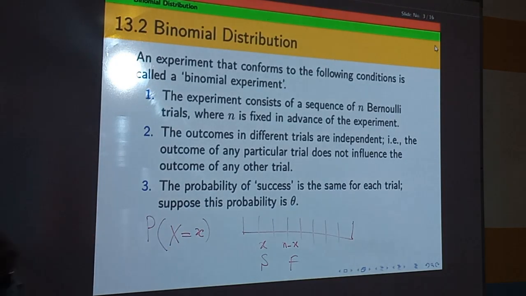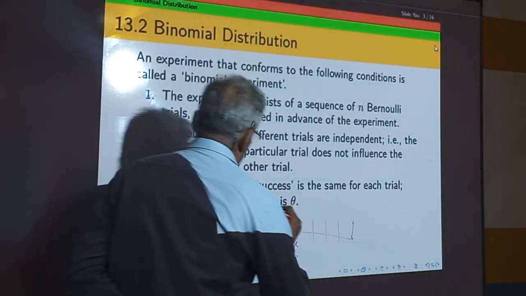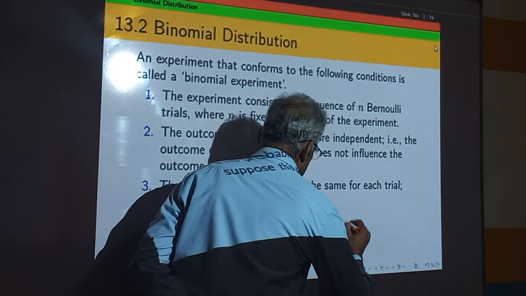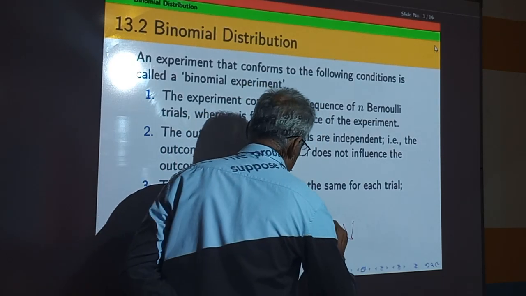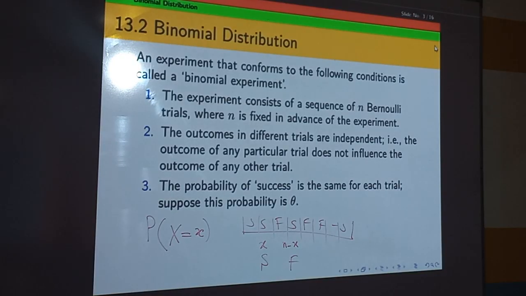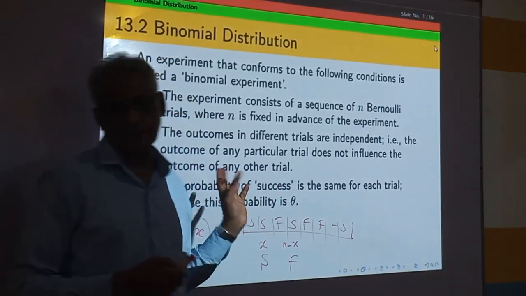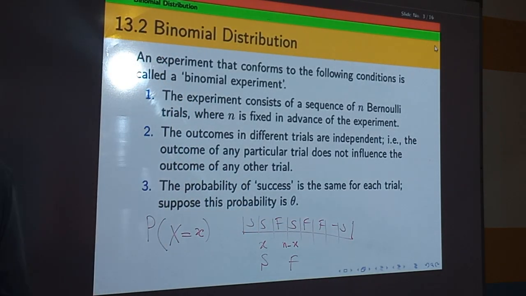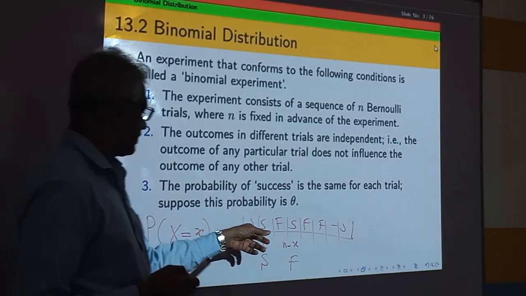Let's consider one of those, for example. A success may be here, success may be here, and then a success like that. All the others are failures. So x of those are successes, the others are failures. What is the probability of that happening? x number of successes and n minus x number of failures. All these are independent, so the probability of all those happening together is equal to the product of the probabilities.